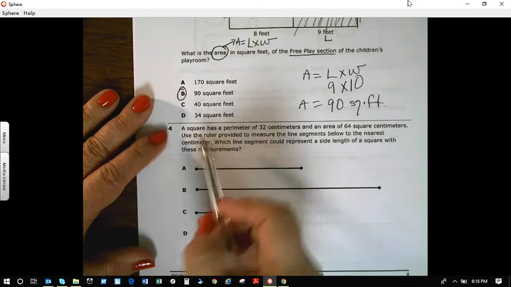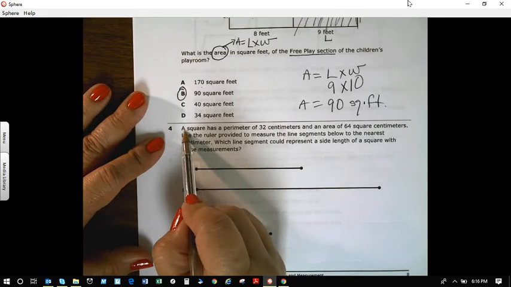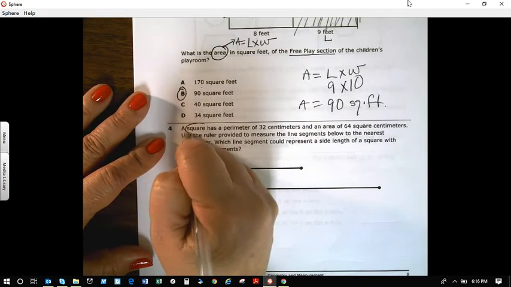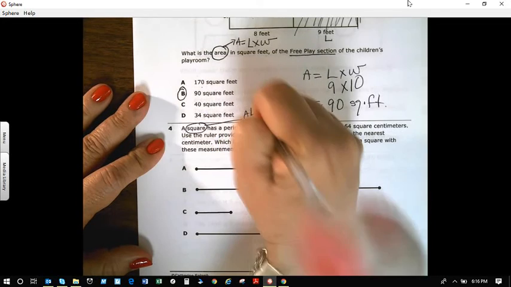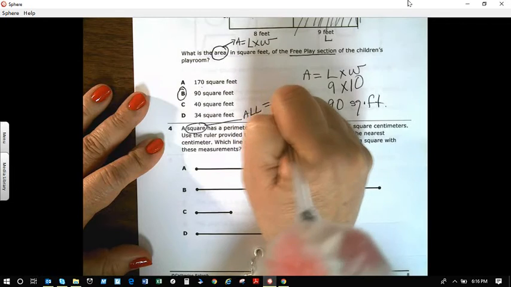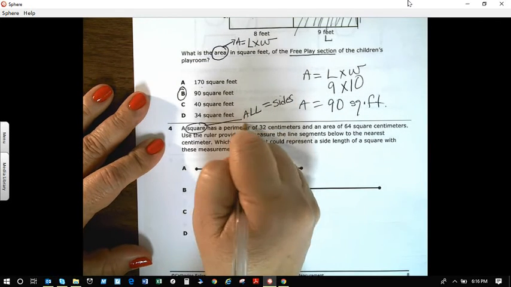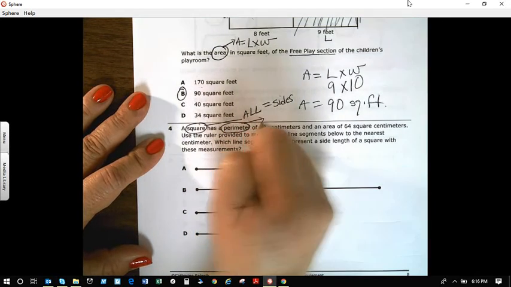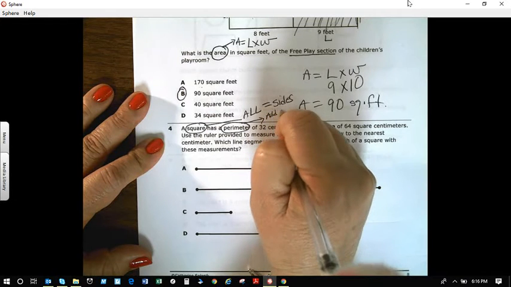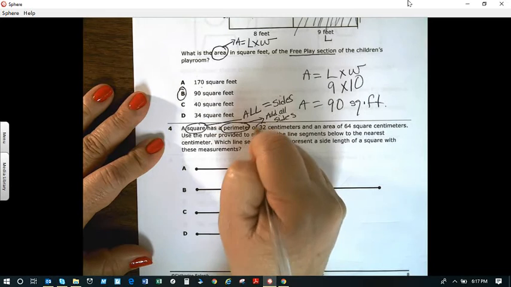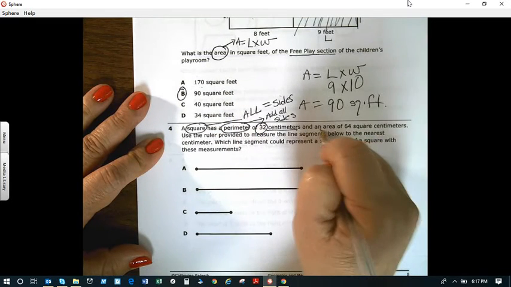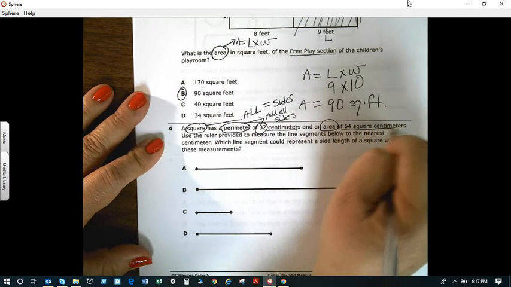Let's look at number 4. A square has a perimeter. Okay, square. A square is all sides equal. They have all equal sides. So it's a perimeter of 32 centimeters and an area of 64 square centimeters.